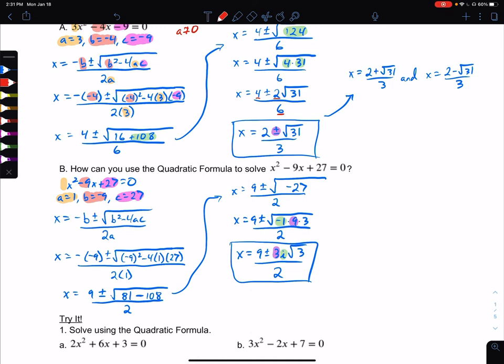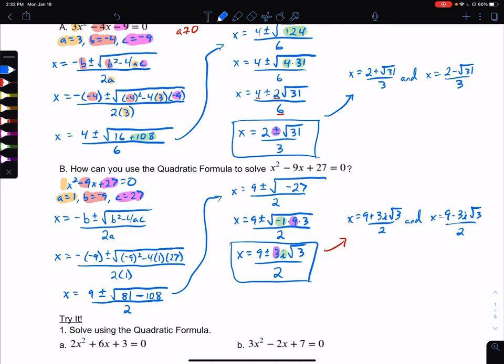It's two solutions, or you could write that as x is equal to 9 plus 3i radical 3 over 2, and x is equal to 9 minus 3i radical 3 over 2. Either way will work. Just know that there's two solutions. Both of them are imaginary or complex solutions, whereas in part A you had two real solutions.